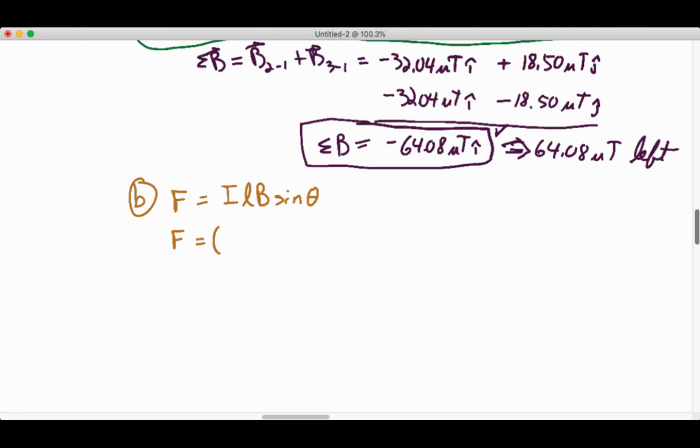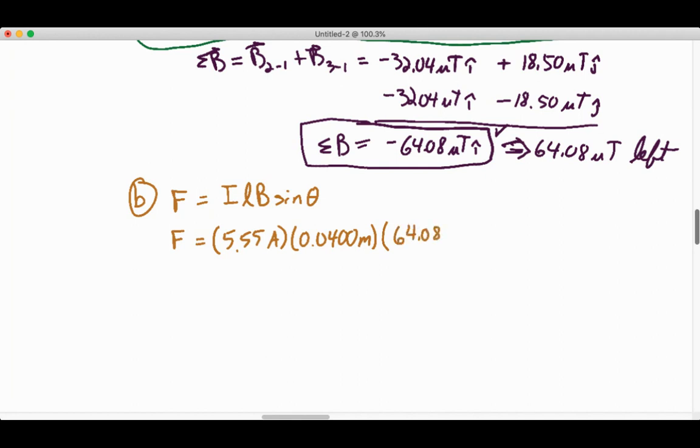So F is equal to I. What is our value for I? Our current is 5.55 amps. The length we're worried about is 4 centimeters, so 0.0400 meters, times the magnetic field, which is what we just figured out, 64.08 microtesla, so times 10 to the minus 6 Tesla.